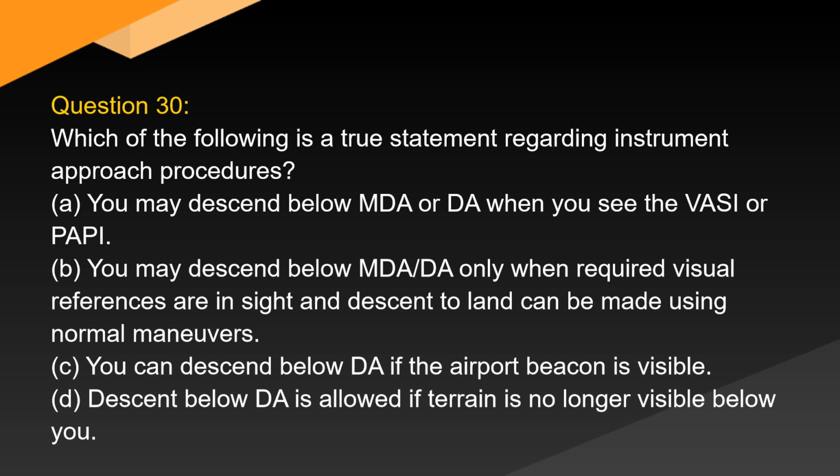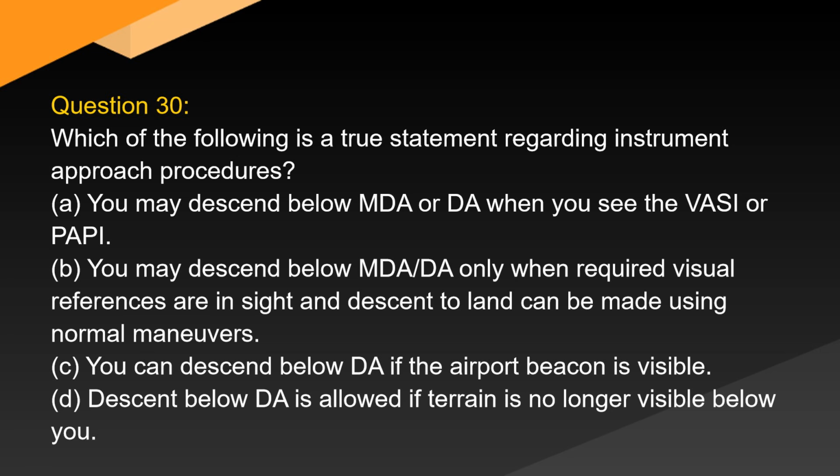Question 30. Which of the following is a true statement regarding instrument approach procedures? A. You may descend below MDA or DA when you see the VASI or PAPI. B. You may descend below MDA/DA only when required visual references are in sight and descent to land can be made using normal maneuvers.